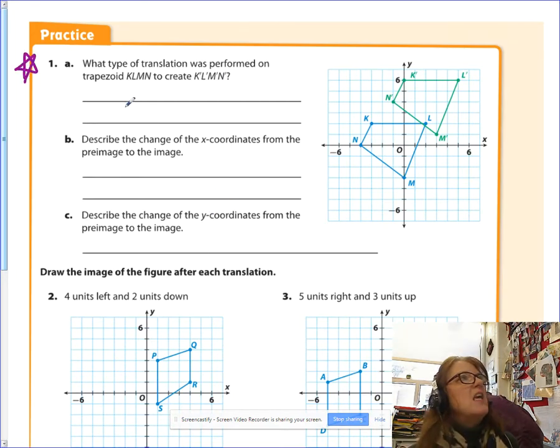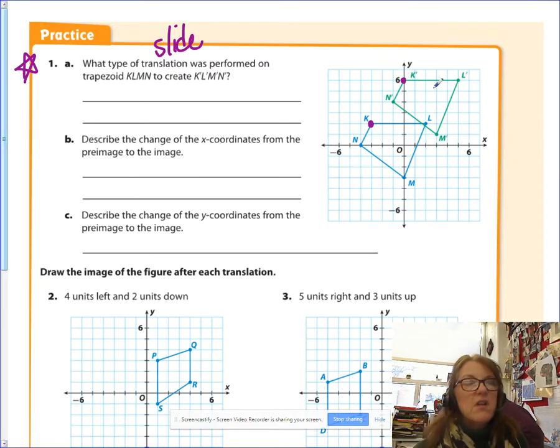It says, what type of translation, so that means a slide, was performed here? And so we know it's a slide. They want you to describe it. When you start looking at K to K prime, that's what we call it with the little accent mark there, how do we move? Now it looks like it's going diagonally.